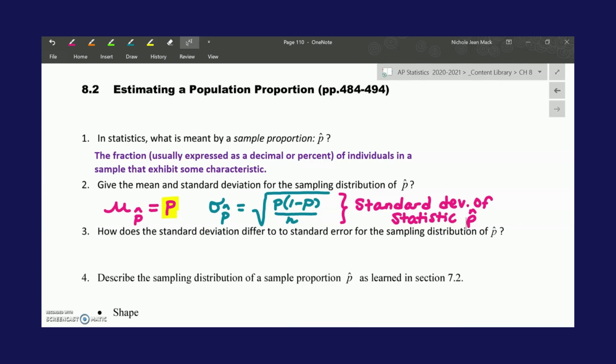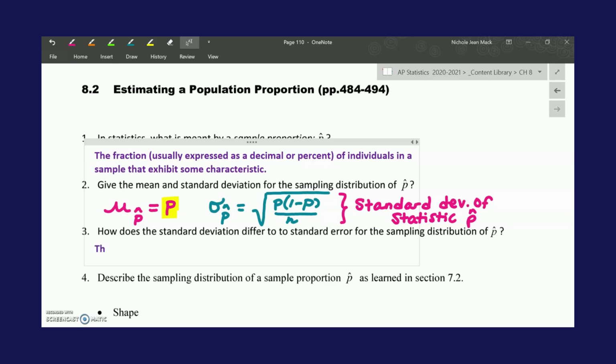Sorry, guys. How does this standard deviation differ from the standard error? So standard deviation and standard error are talking about the error in our calculations, right? So let's get down to business and talk about how they are different.